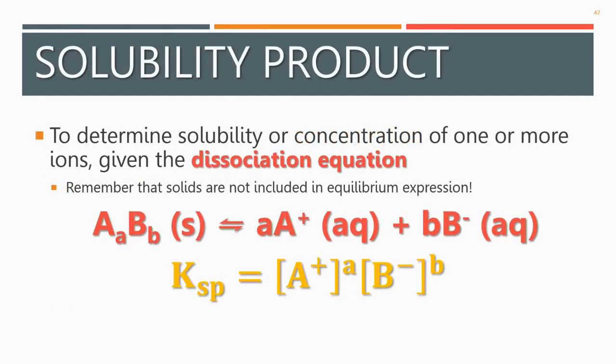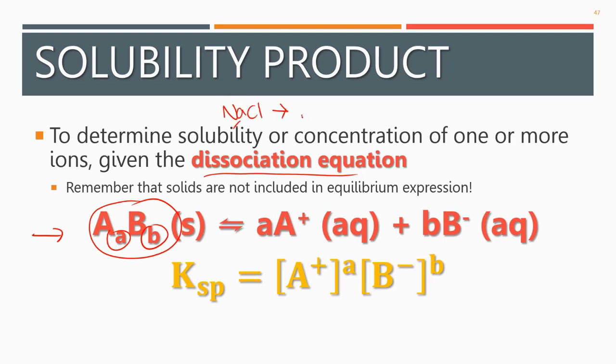Okay, so what we're going to do here is to determine the solubility product constant, we're using these equations here, a dissociation equation. It means if you were to disassociate yourself from someone, it means to break apart or to remove yourself from that influence. So we're going to take our solid here, and you can see AaBb, and what that means is some substances, NaCl, we know it's a 1-to-1 ratio.